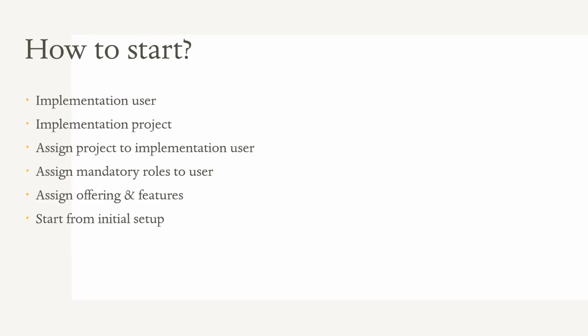And then we assign the roles to the user, which is what we saw in the previous slide: the two roles, IT Security Manager and Application Implementation Consultant. After doing this, we assign the offerings and features to the project so that we can start our setups. These are the steps that we have to follow.